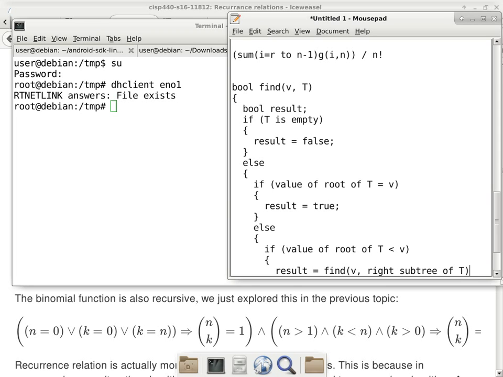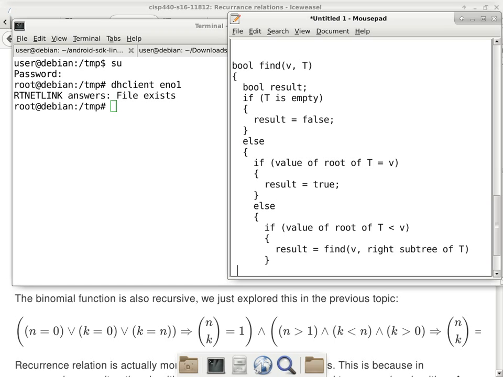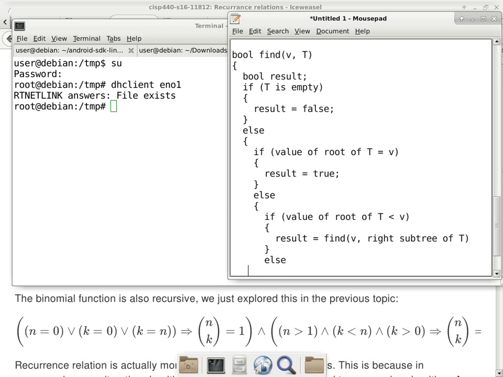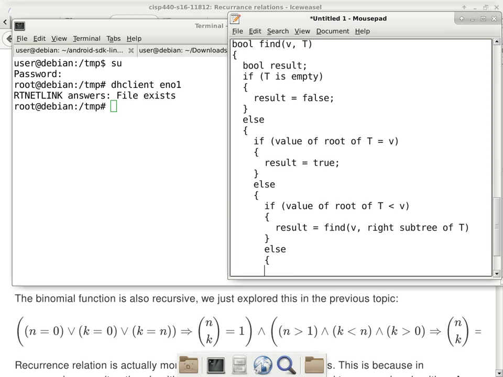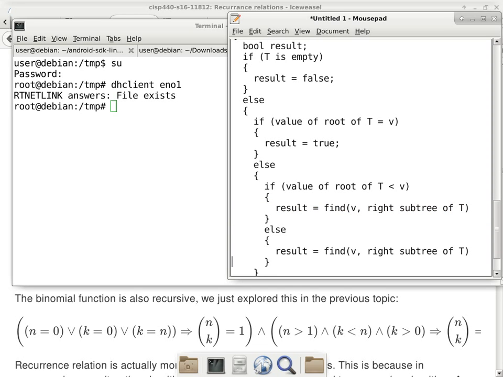So just to finish this, before we leave today, the else is going to be about the same as the then, because we have already taken out the case where it is equal. So this time we just have to look into the left subtree of t. Is that okay? Yes.